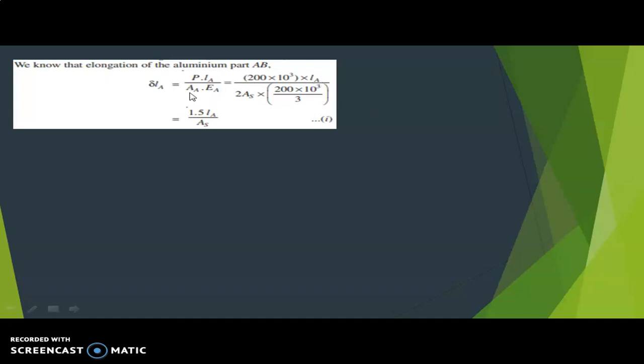We don't know that. Area of the aluminium bar is equal to 2 times area of the steel. Then E of A, means Young's modulus for aluminium, that is 200 into 10 raised to 3 divided by 3. So substitute, you simplify this, you will get one equation, right? So let it be the equation 1.